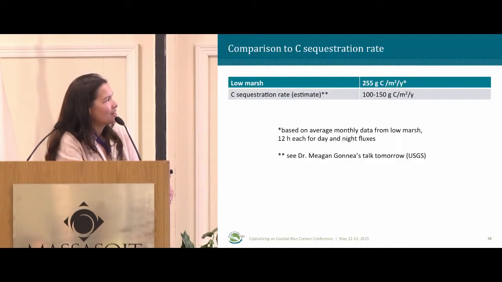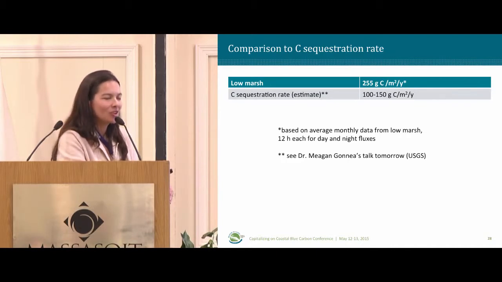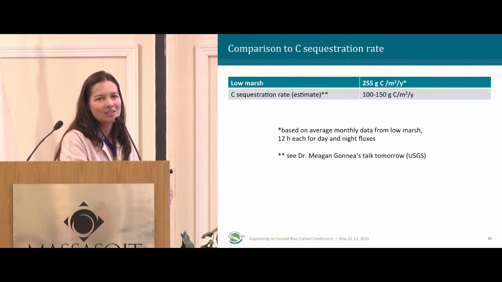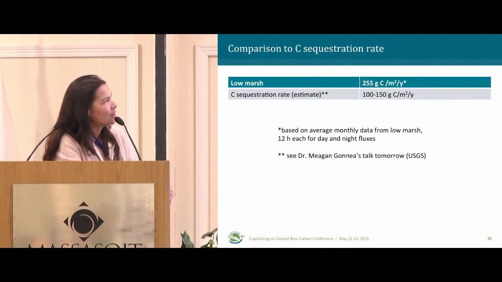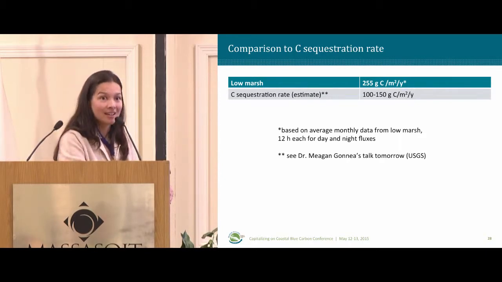I did some ballpark estimates taking into account our light and dark data and our temporal data over the cycle of a year, and estimated this number for an annual CO2 uptake rate. And I've just aligned it here with the range of CO2 sequestration that is observed over decades.